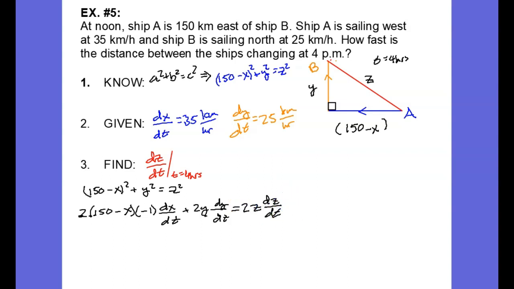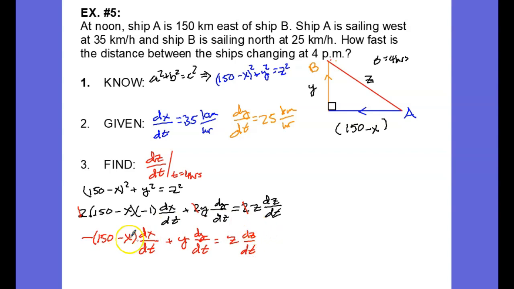dz/dt. And immediately I'm going to go ahead and multiply through this equation by 1/2, and that's going to cancel these 2's for me. And let's rewrite this. So now we have negative (150 minus x) dx/dt plus y dy/dt equals z dz/dt.